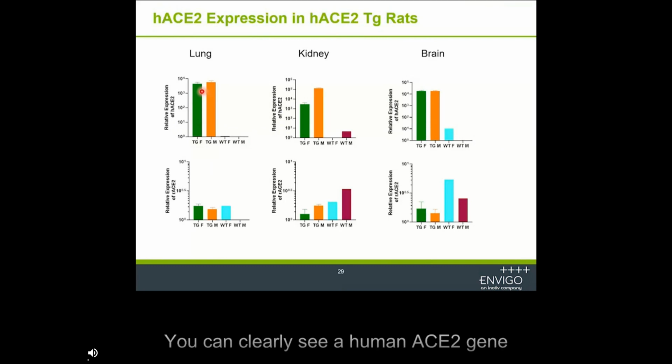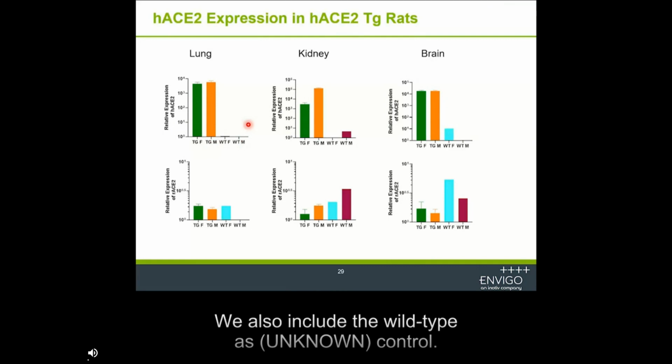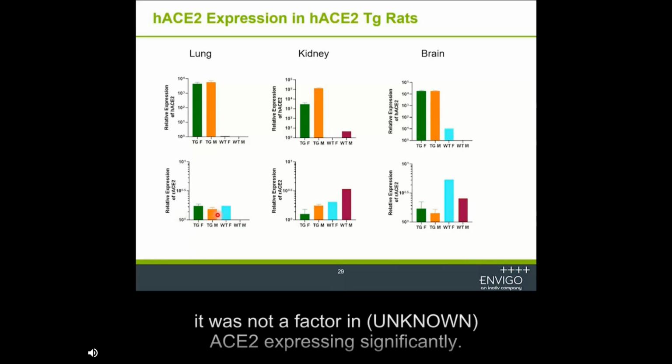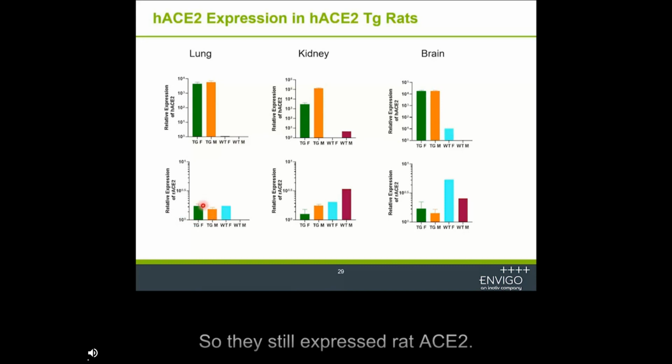You can clearly see the human ACE2 gene is expressed in those three tissues: the lung, kidney, and brain. We also included the wild type animal as a control. Those bands are the rat endogenous ACE2, because the BAC transgene does not affect endogenous ACE2 expression significantly, so rat ACE2 is still expressed here.